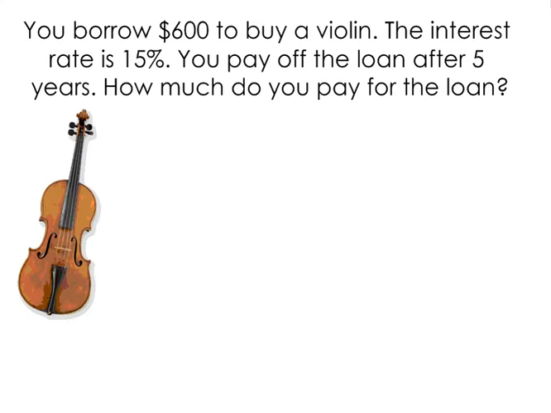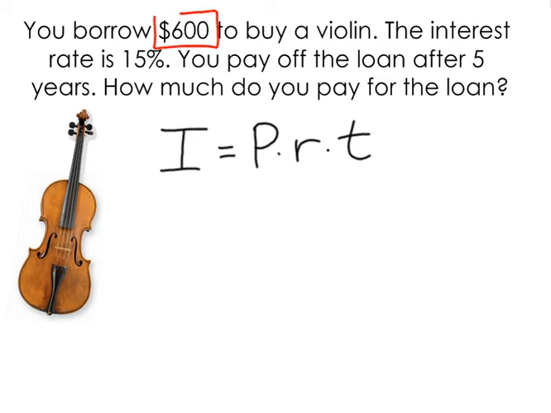All right, moving on to our final problem for your notes. You borrow $600. The interest rate is 15%, and it takes you 5 years to pay off the loan. So we'll start with interest equals principal times rate times time. And we'll go ahead and substitute all of our values in. You borrow $600, so that amount is your principal.